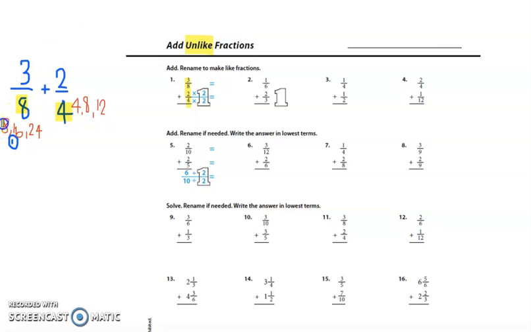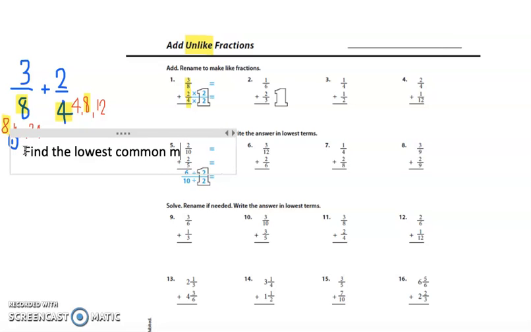That is 8. So 8 has 8 and 4 has 8 too. Then that's going to be our denominator. However, since our first fraction is already in 8, I'm going to keep it as it is. So step number 1, find the lowest common multiple.